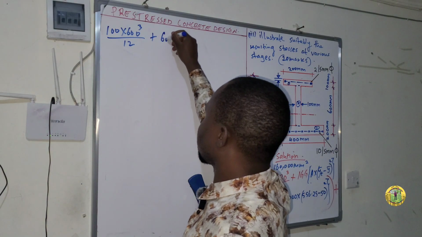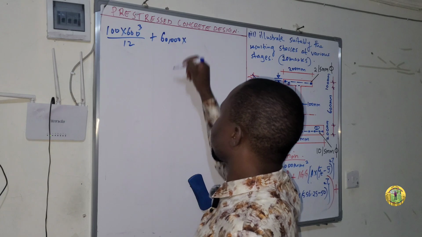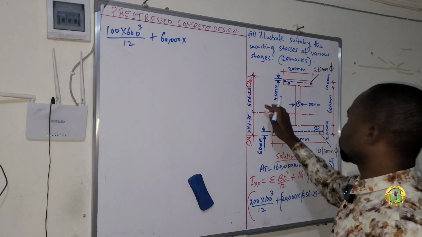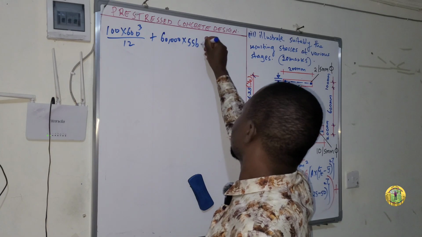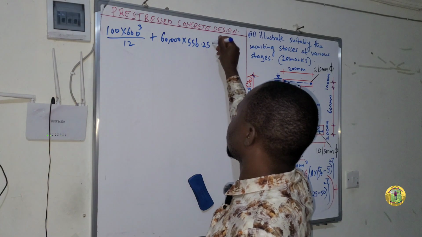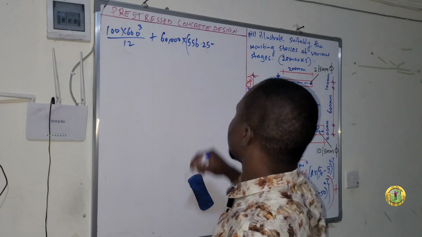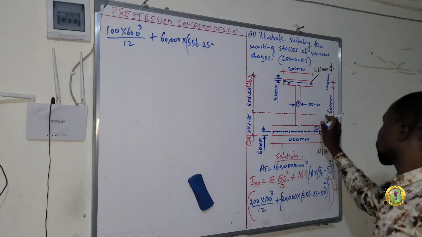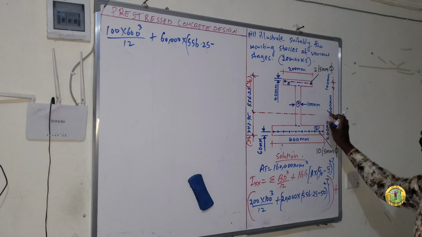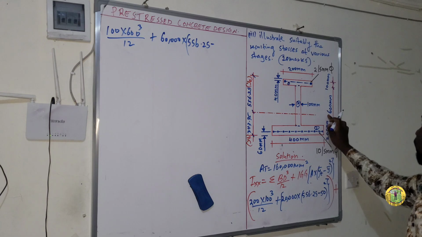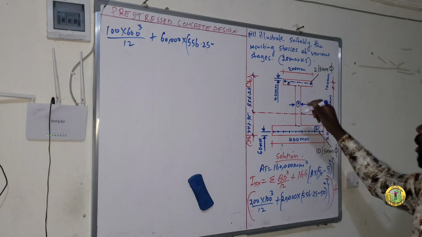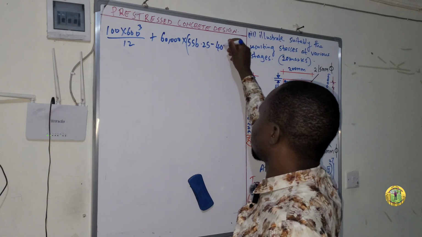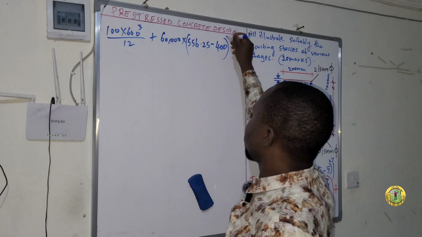This is 60,000 times the y bar top, 556.25 minus a half of 600. A half of 600 is 300. Then plus 100, that one will be 400. This is 400 squared.